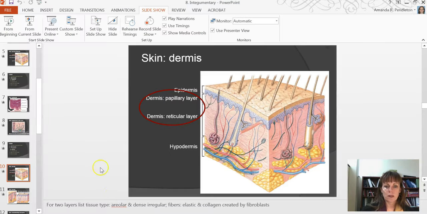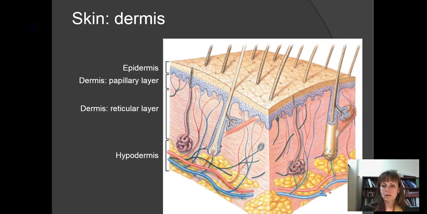You may notice over here these black structures that are wrapping around the root of the hair. That's why if you pull out your hair by the root, it gives you a little pain. That's the root hair plexus right there, sensing that. But more importantly, it's what helps you sense the movement of your hair. If you have hair on your arms, it can help sense a bug landing, different things like that, as that hair gets moved around.